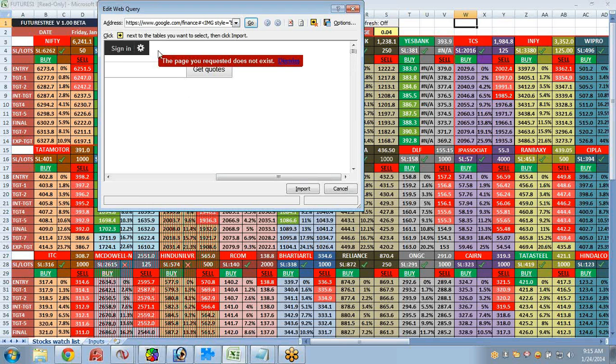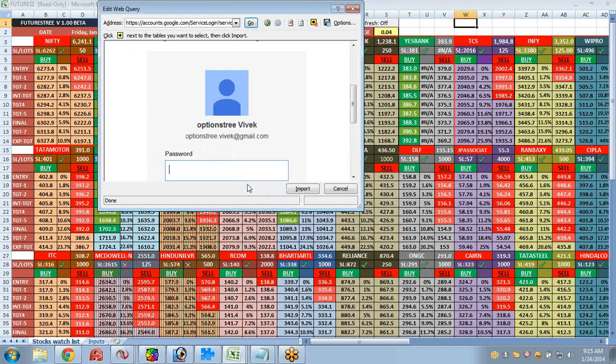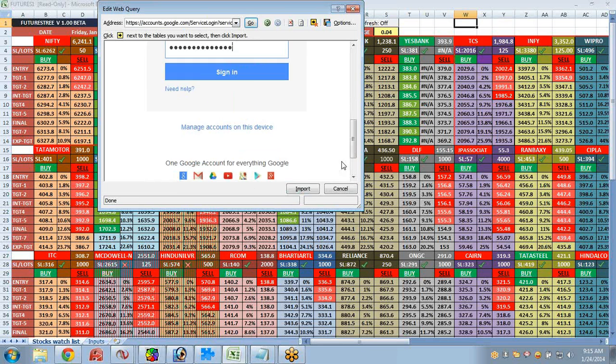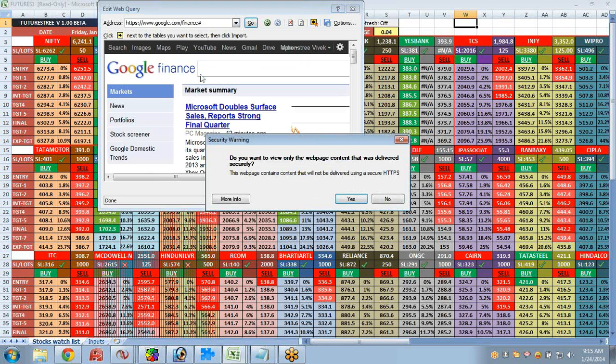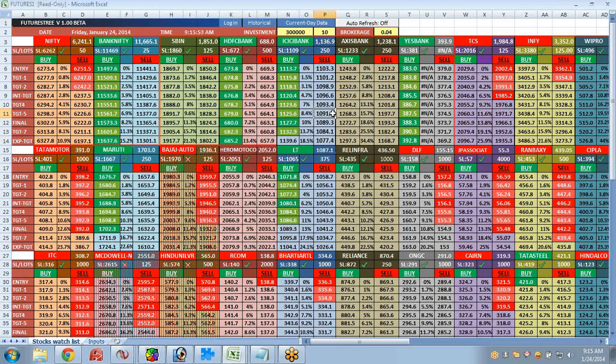I didn't sign in, so that was the problem why I got the error. So now I will click on the historical data, and I'll click on the current day data.